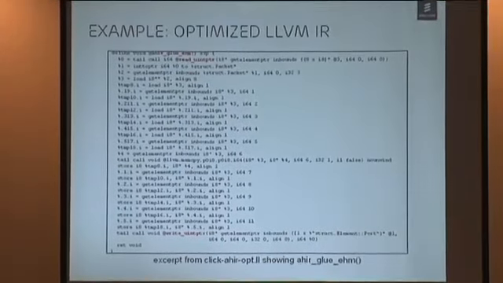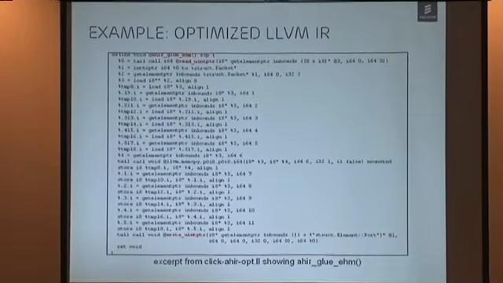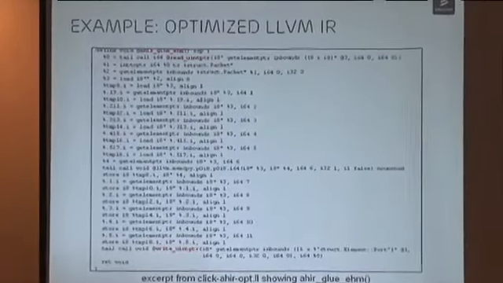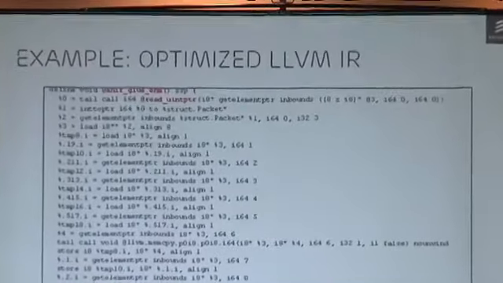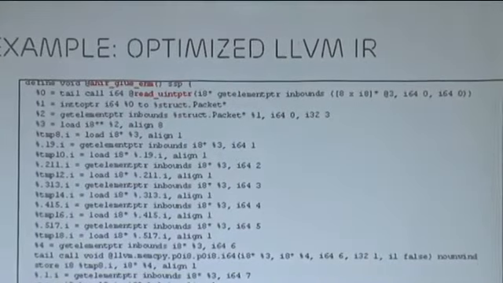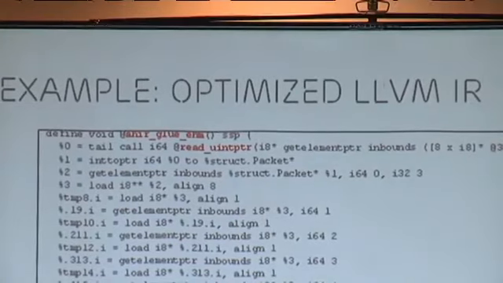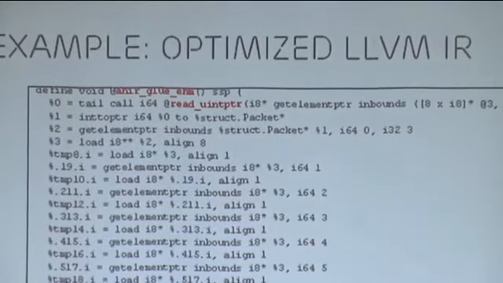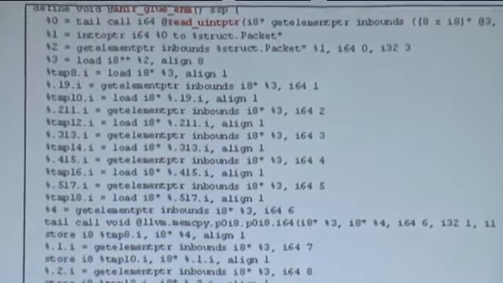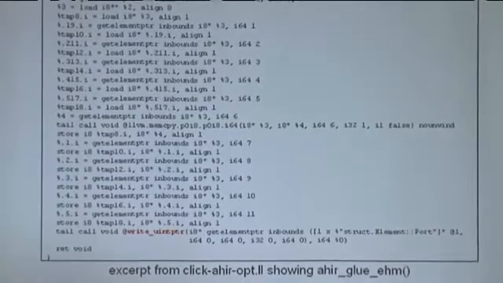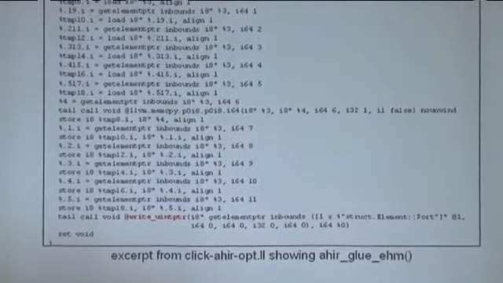Here's a very busy slide that shows an excerpt from the optimized LLVM IR. I've highlighted in red the more interesting parts, the name of the function, and the other two parts, which are the ahir library functions that I described that read and write to these FIFOs.